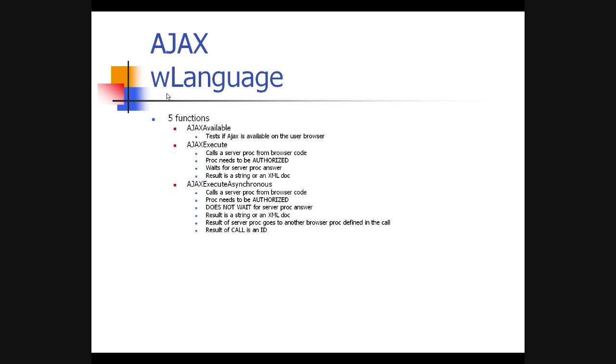When you do an Ajax Execute asynchronous, again, you have a result for your call, and the result is just an ID. It's the ID of this call in order to be able to identify it later. So why would you want to identify this call to the server? Well, because you have to manage them one way or another if you are sending multiple calls one after the other.